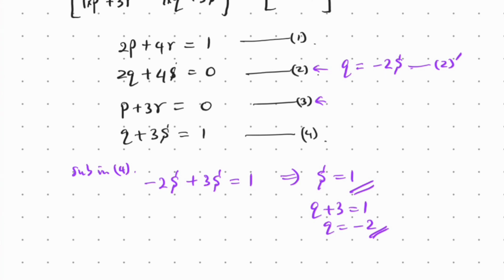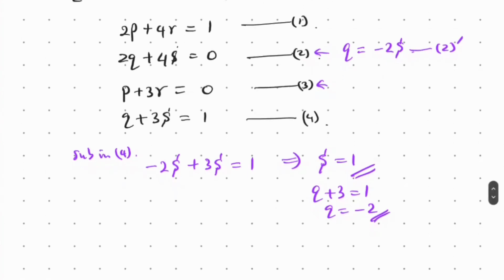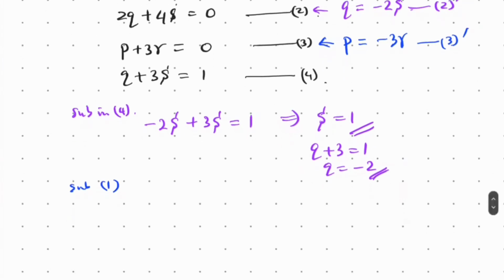Now similarly I can get P. From here I can use P is equal to minus 3R, let's call it 3 prime. Now I can substitute this in the first equation. So I get 2 times minus 3R plus 4R is equal to 1.